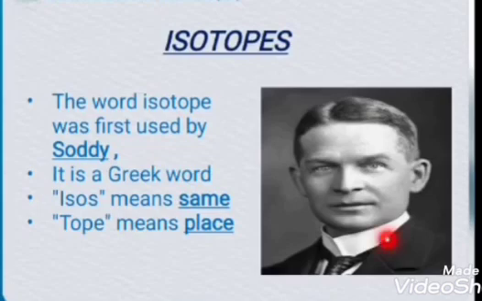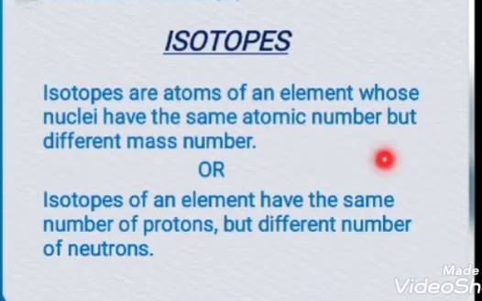So students, isotopes. The word isotopes was first used by scientist Soddy. Isotope is a Greek word. Isos means same and tope means place. What is the definition? Isotopes are the atoms of an element whose nuclei have same atomic number but different mass number.